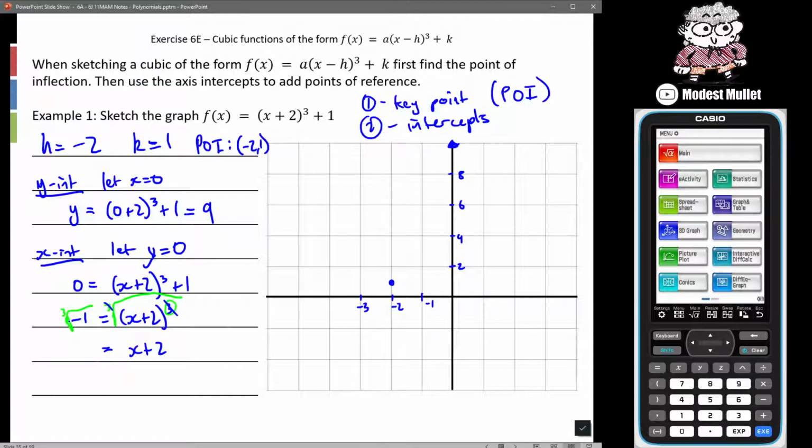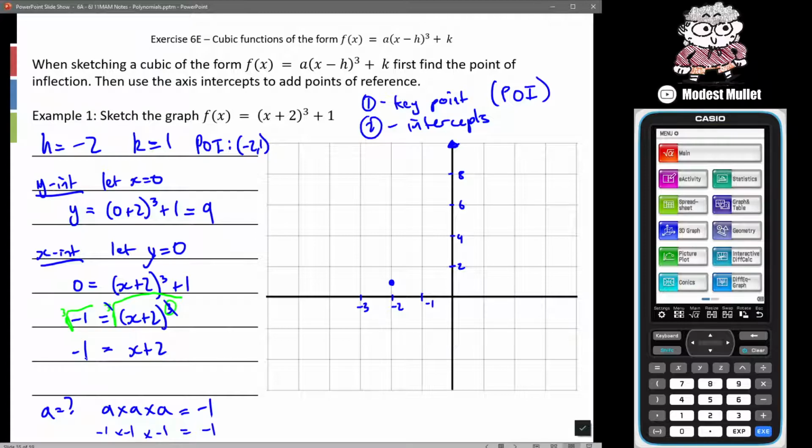Now the cube root of -1, that's asking, what is some number, we'll call it a, where a times a times a is equal to -1? That's what the cube root is implying. And in this case, it's easy because it's just going to be -1. So -1 times -1 is +1, but times -1 again is -1.